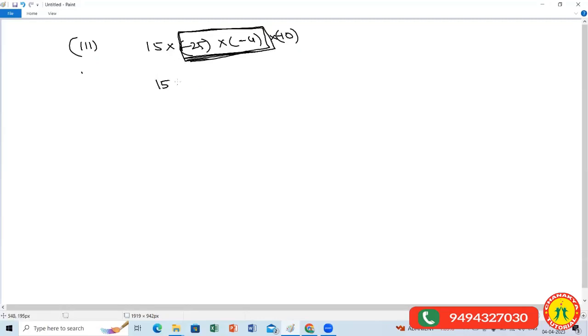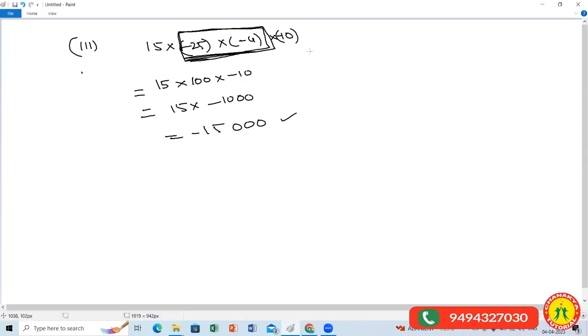Yes, ma'am. 15 into minus 25 into minus 4, which is 100, sorry ma'am, 100, and negative 10. Now if I multiply all, 15 into negative 1000, which is minus 15,000 is the answer.